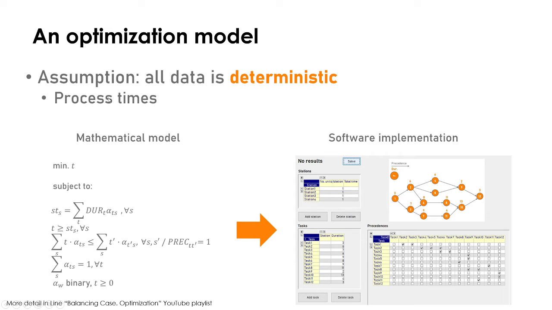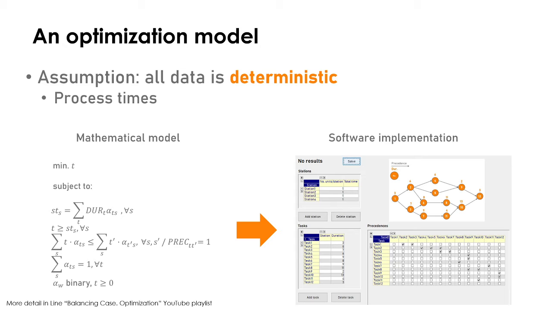And we were assuming all along that all data is deterministic, in particular process times. So every time we have to do any of the previous tasks in any station, the time it takes is exactly the same, no matter what part we are producing.